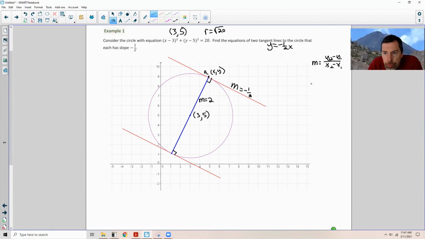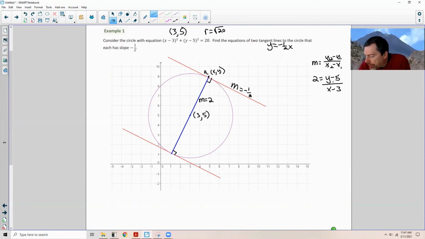I know my slope is 2, so I'm going to substitute in what I know, 2. Let's call this my point 1 and this my point 2. So I'm going to say y2 minus y1 divided by x2 minus x1 right here. So now I have an equation with 2 unknowns.